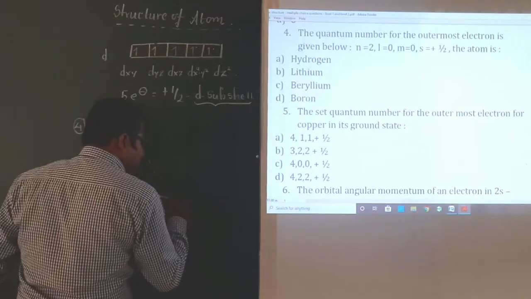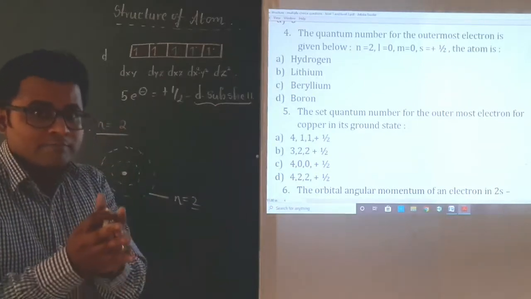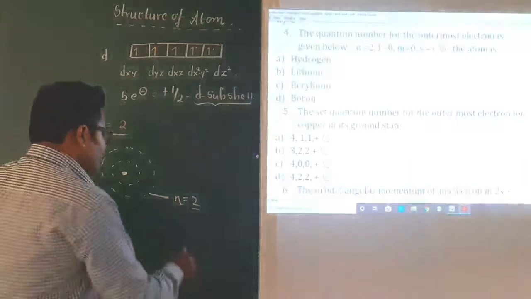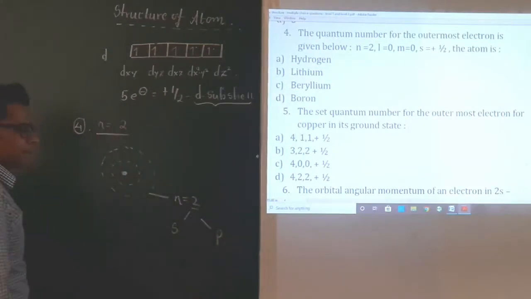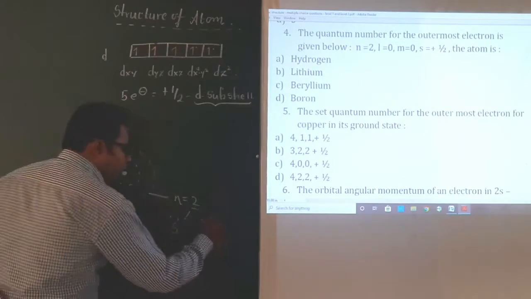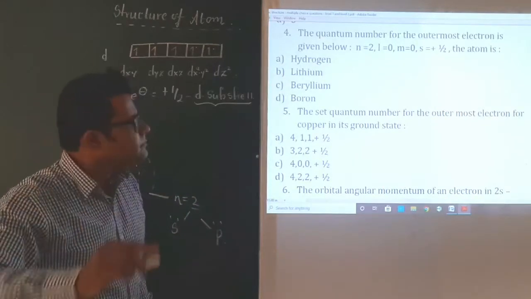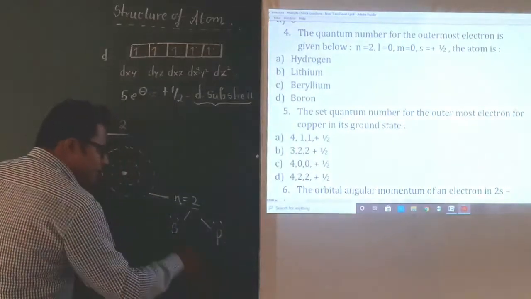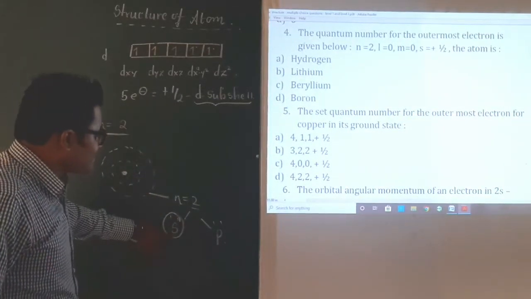When n is equal to 2, you already know that there are 2s and 2p subshells. To understand whether the electron is going to s or p, you need to know the value of l. What is the value of l given? 0. The value of l is equal to 0, which means the electron is going to the s subshell.